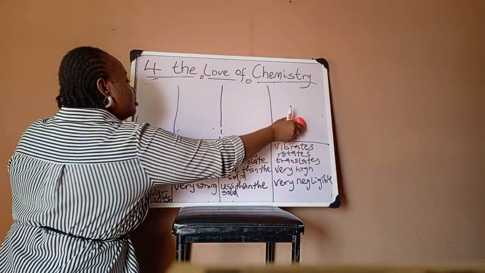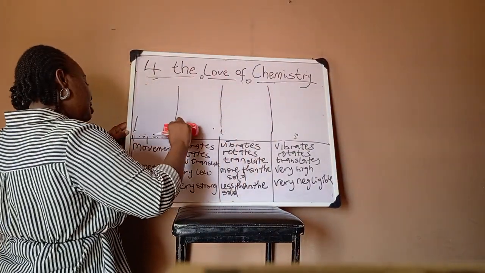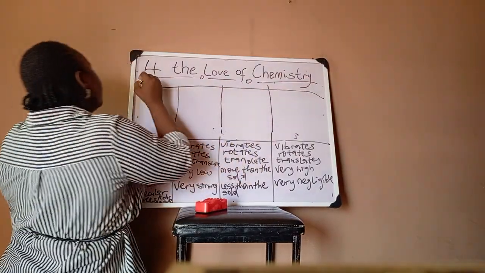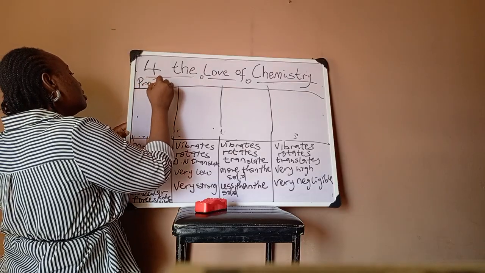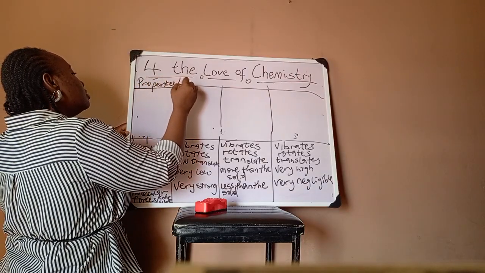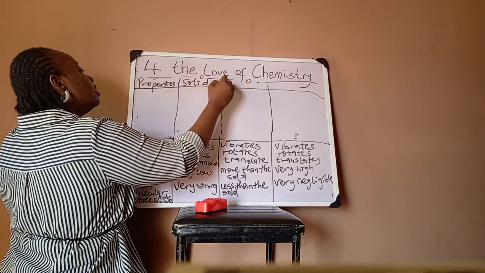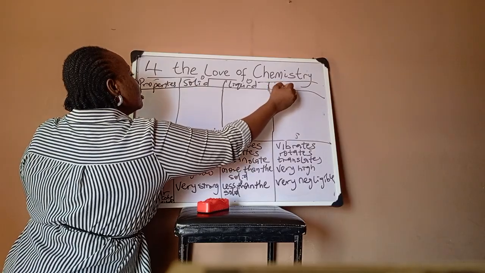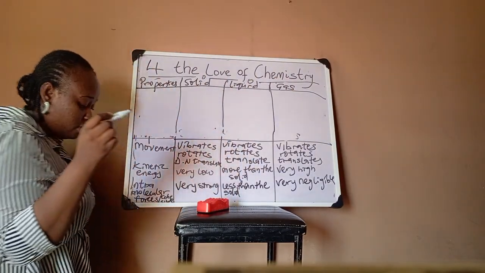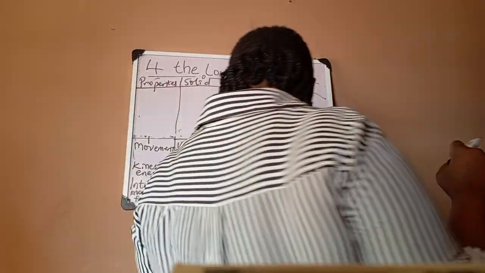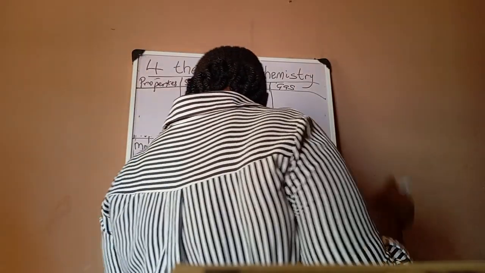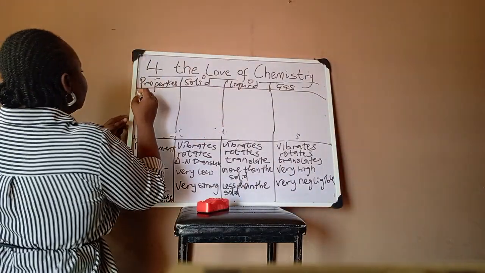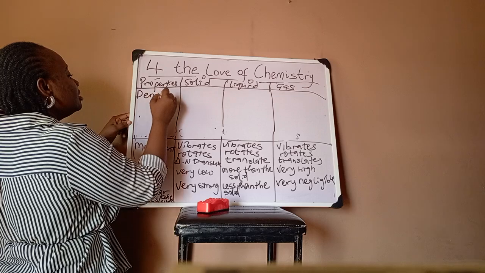So are you seeing we are trying to group it to make it very easy to remember. So we have the properties: solid, liquid, and gas. Okay, so all right, the density. Let's look at the density.